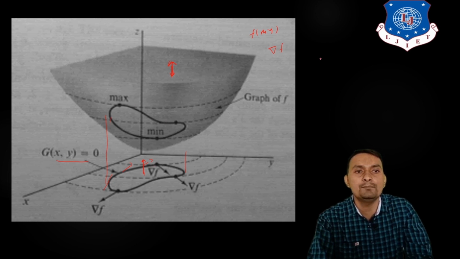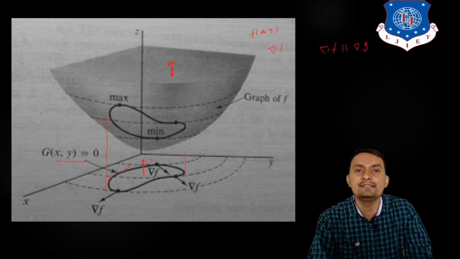That means both are parallel. We can say grad f is parallel to grad g. We know that whenever two vectors are parallel, one vector is a scalar multiple of the other, and that is what it means for two vectors to be parallel. The same concept we are going to follow here.